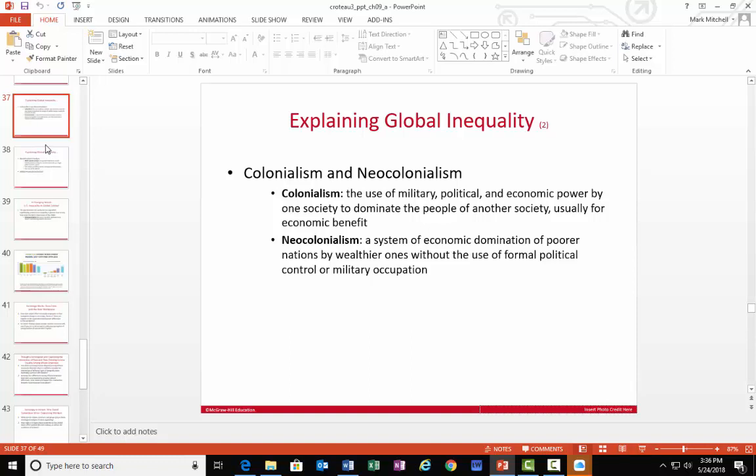Colonialism and neocolonialism is the idea that in the past, when nations would exploit a country, they did it physically. They would show up with their army and enforce their rules on these different countries or places. Neocolonialism says they still do that, but they don't do it in a physical way. They do it maybe in a technology way, where they control a weaker partner not by physical force, but through education and technology.